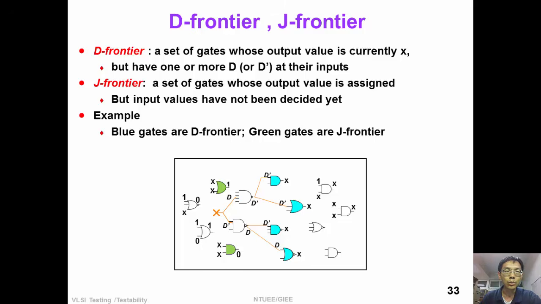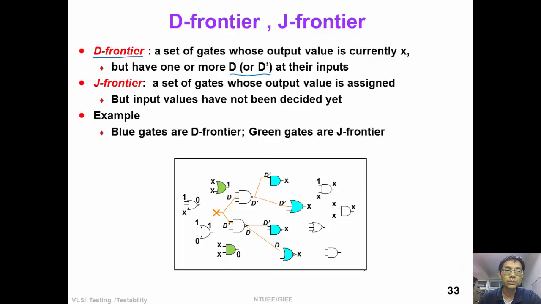In the D-algorithm, we have two important components, the D frontier and the J frontier. The D frontier means a set of gates whose output value is currently unknown, X. But this gate has one or more D or D prime at its input.